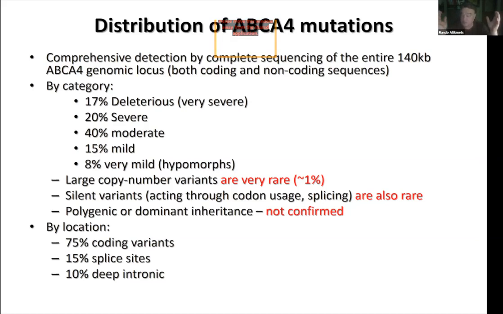The coding sequence is about 6,500 nucleotides long, but the entire locus, including non-coding regions, is 140,000 nucleotides long. So screening all that is much more difficult, but about a quarter of mutations are in regions that do not code for protein. So if you just screen the gene, you immediately miss 25% of the variants.